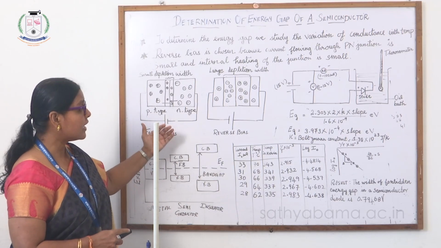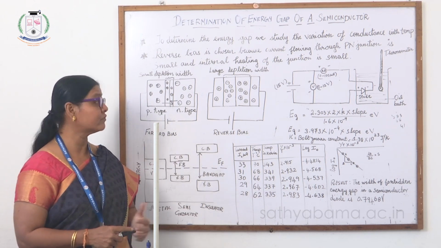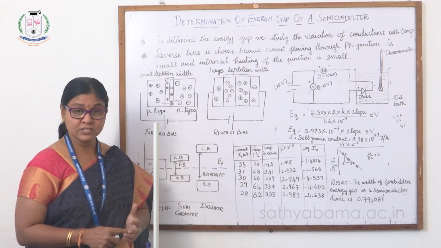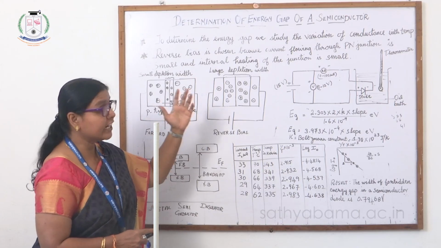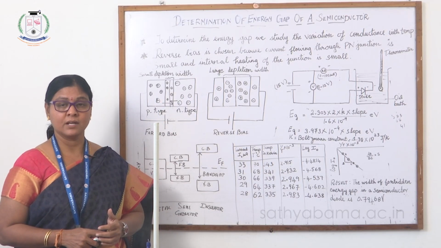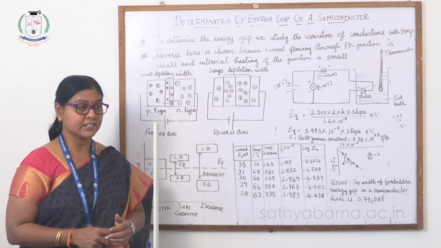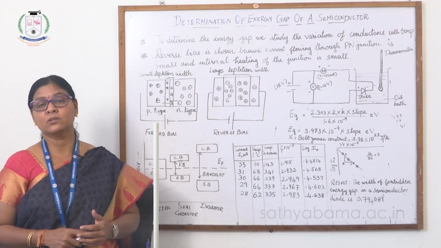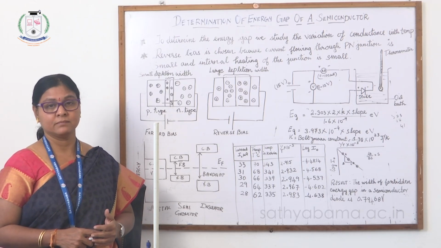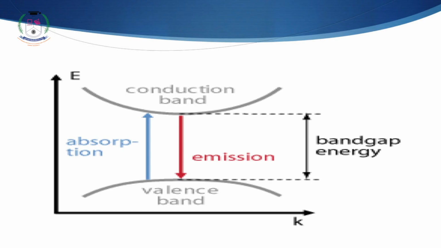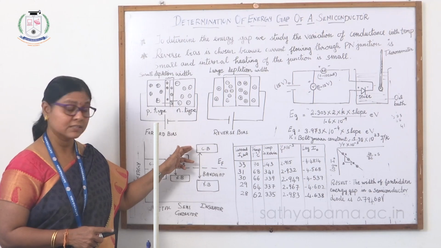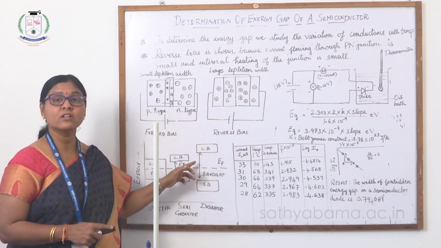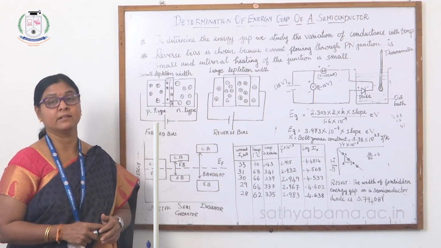Now let's understand the meaning of the energy gap. In solid state physics, the energy gap or the band gap is the region between the valence and the conduction band in which the electron states are forbidden.